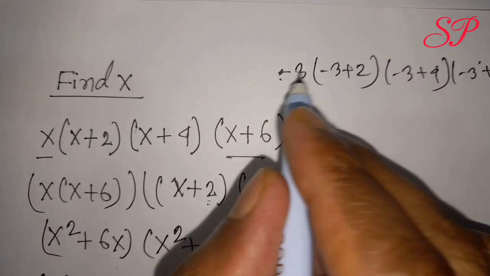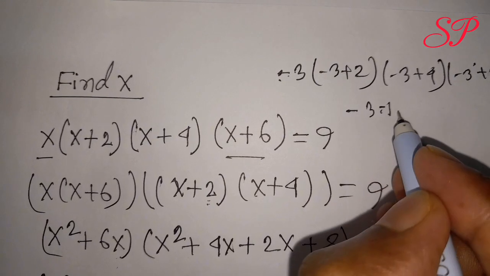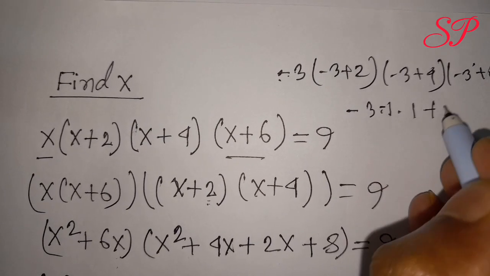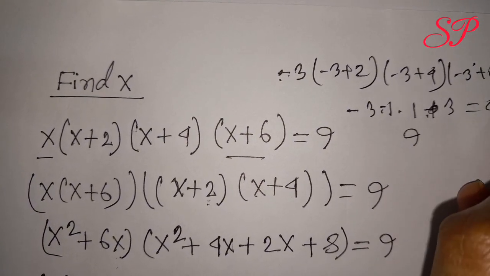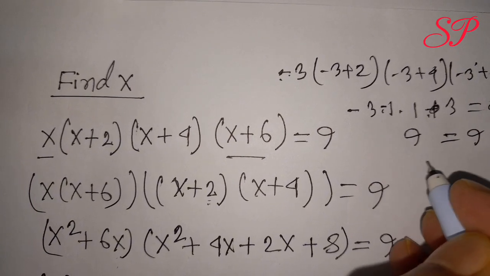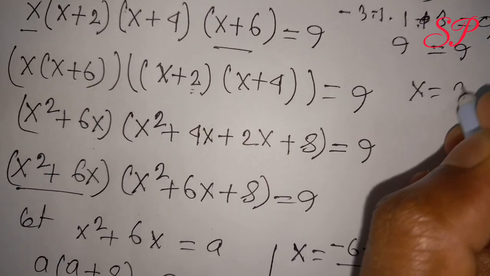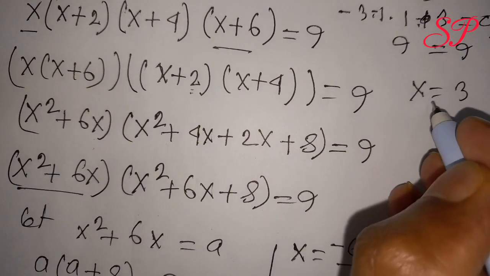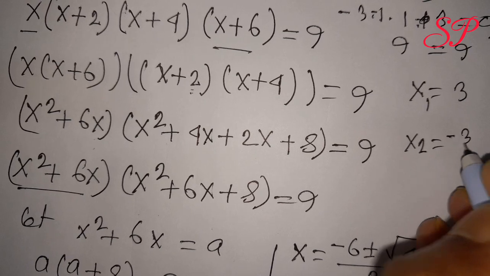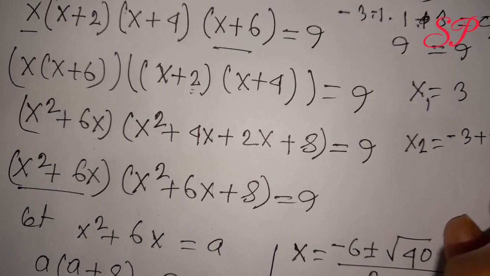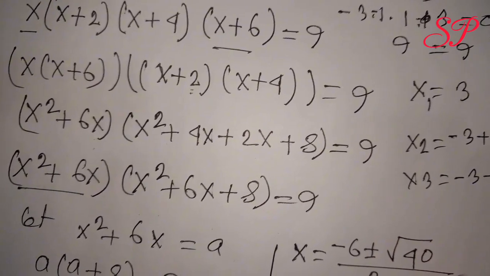Here it is minus 3 into minus 1 into 1 into 3, which is equal to 9. Okay, so the values of x are: x1 is minus 3, x2 is minus 3 plus root 10, and x3 is minus 3 minus root 10.